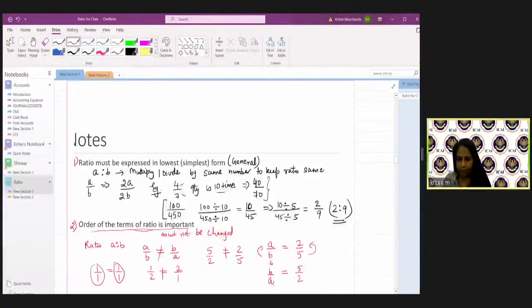Only then will this equation remain true. As I told you, A by B is not equal to B by A. Even if you convert it into decimal, this is 2.5, this is 0.4, which is absolutely not equal. Just have a look at it before we go for the next slide.